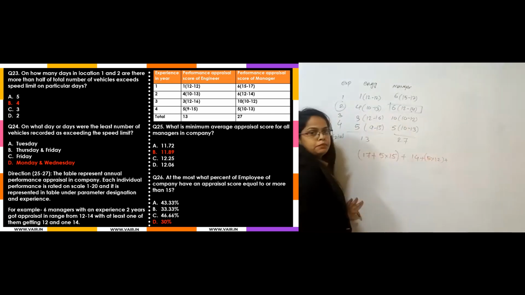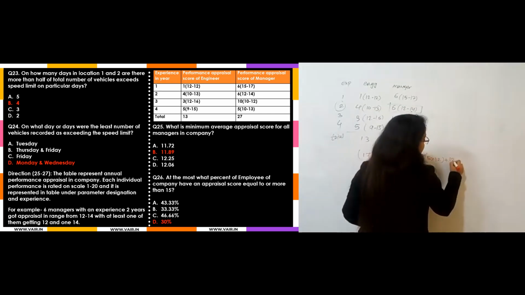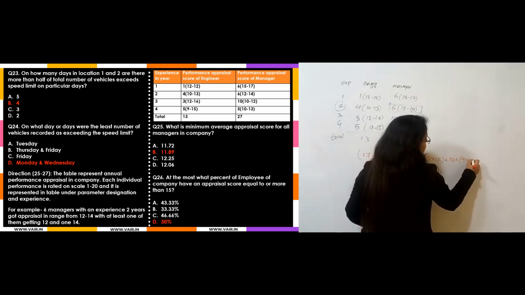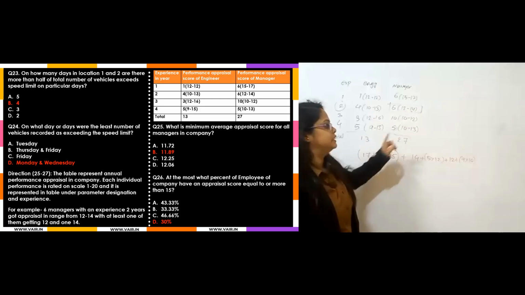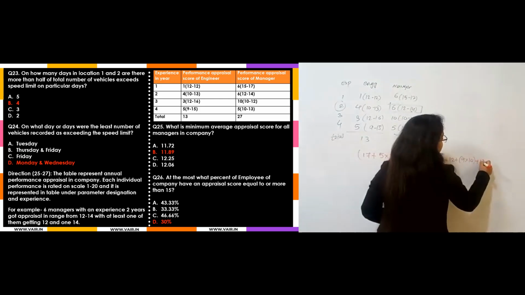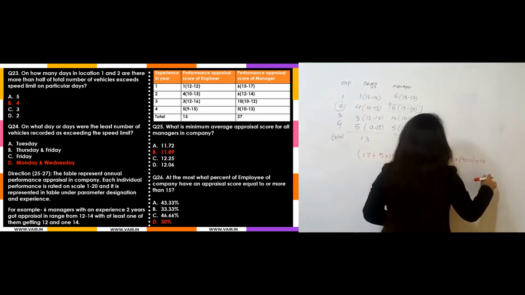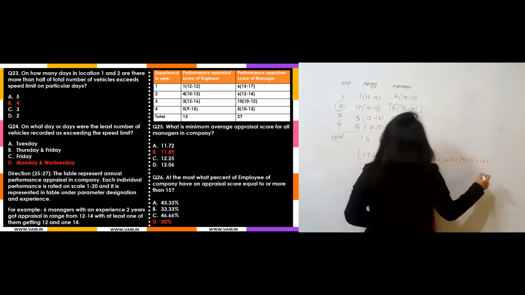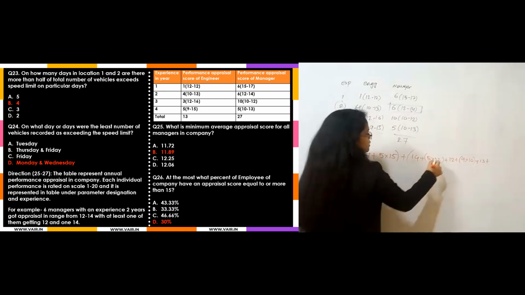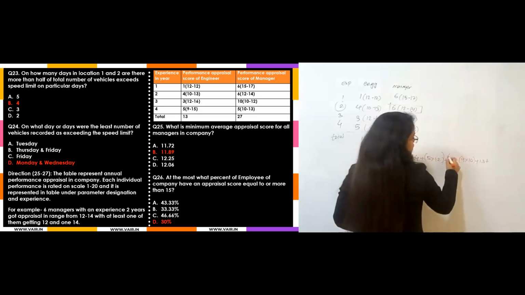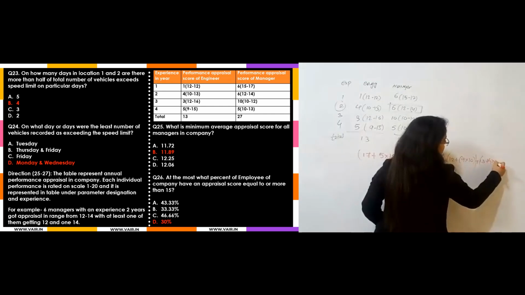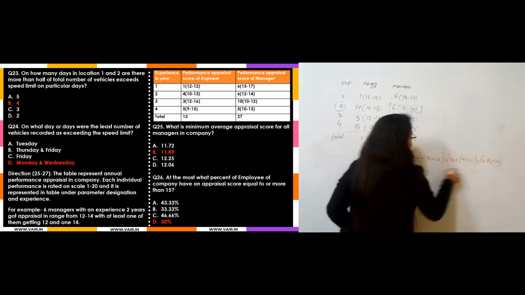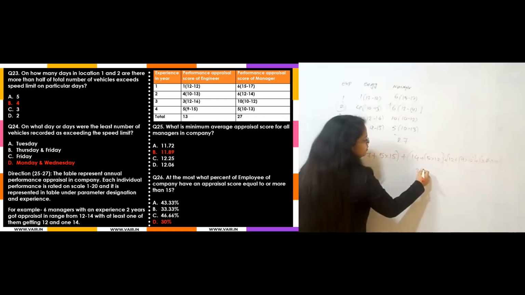Plus for this one, 10 members are there in which one member should get 12 and the remaining 9 should get 10. Here out of 5, one should get 13 and the remaining 4 should get 10. And the whole divided by how many managers are there? 27.